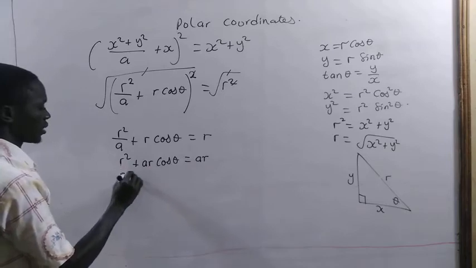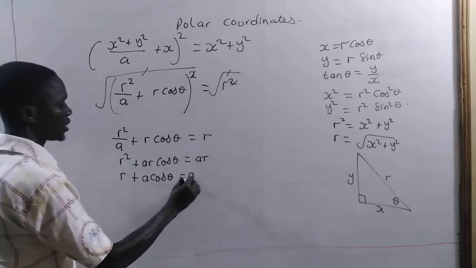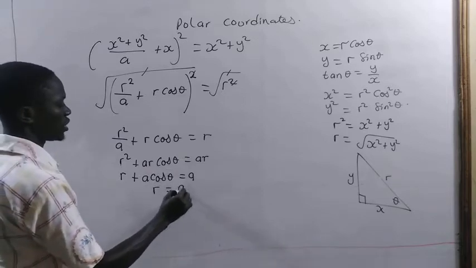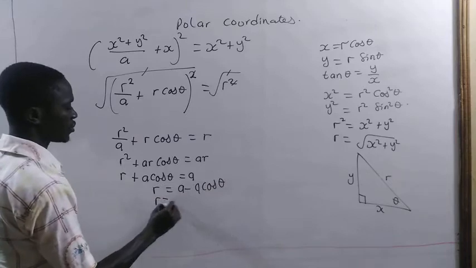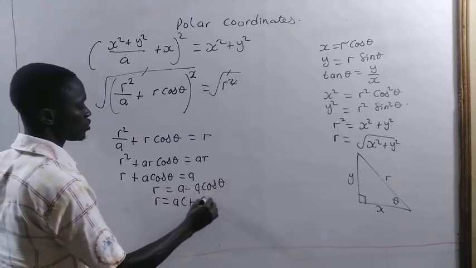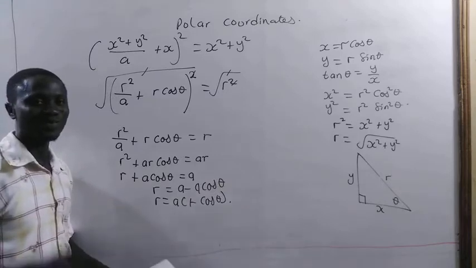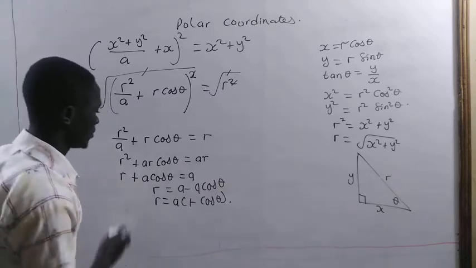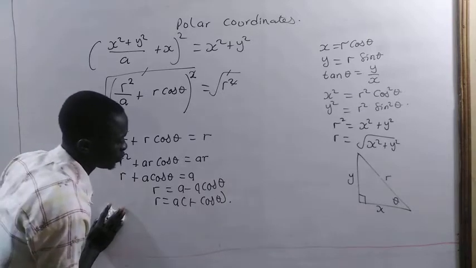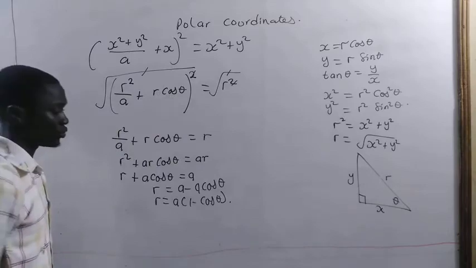So this will be r equal to a minus a times cosine of theta. You have r equal to a times 1 minus cosine of theta. That is very simple as that. Wow. So this is the polar equation for this Cartesian equation.